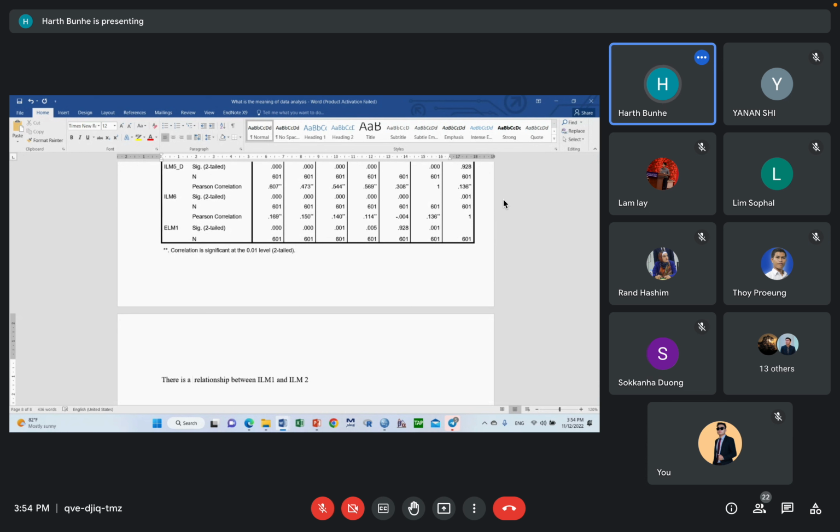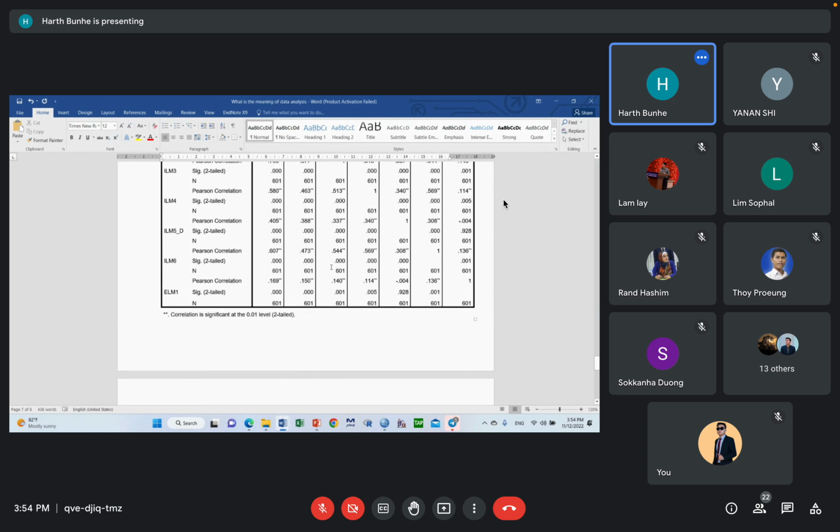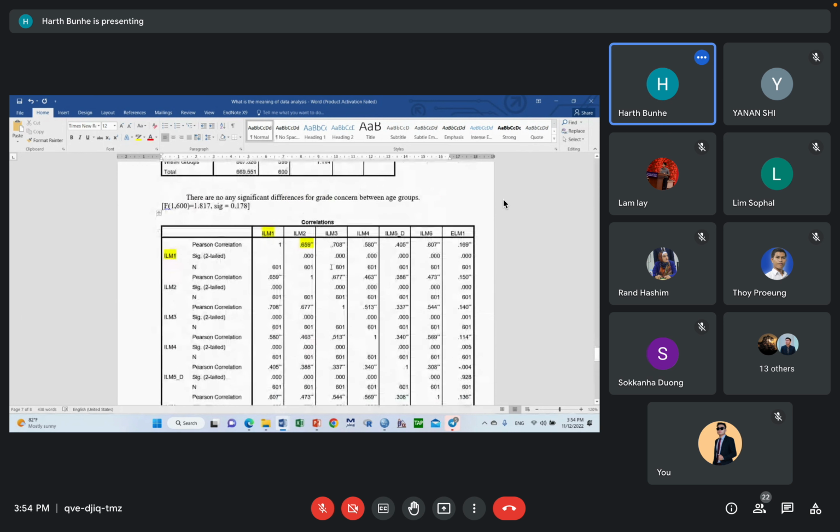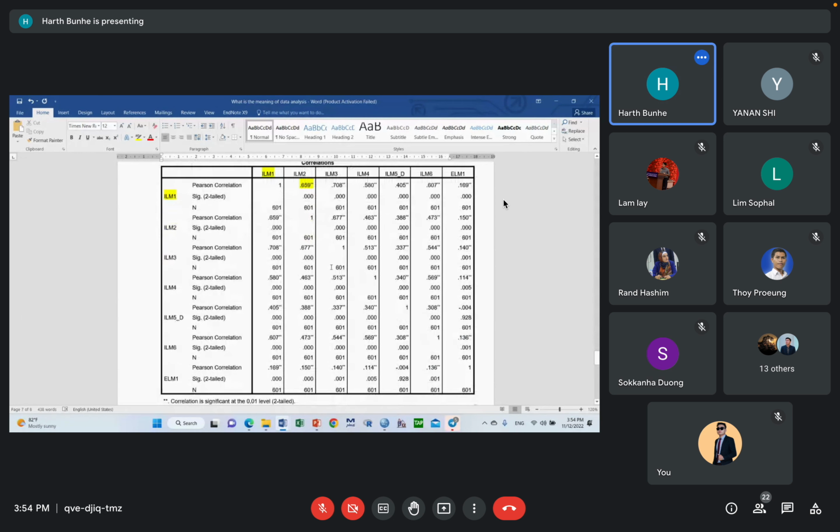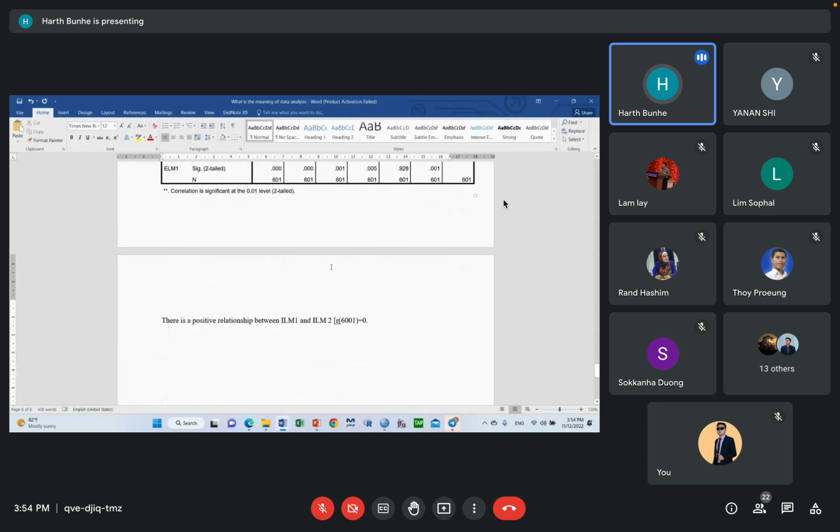There is a positive relationship between ILM1 and ILM2 with the value of R, N equal 601, equal 0.659, and the p-value is 0.00 here. That's all for the numbers that you want to write about.